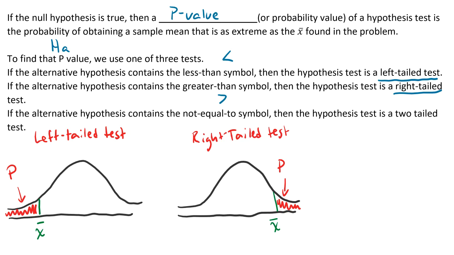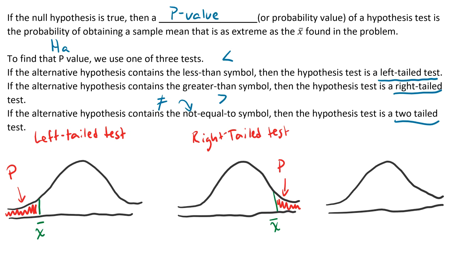All right, lastly, if the alternative hypothesis contains the not equal to symbol, then the hypothesis test is a two-tailed test. So a two-tailed test, again, we have our standard normal distribution.